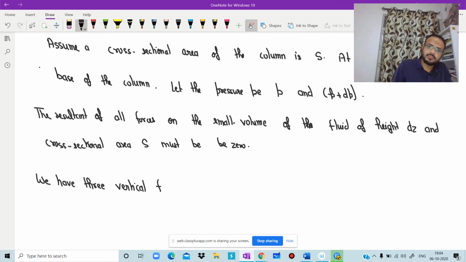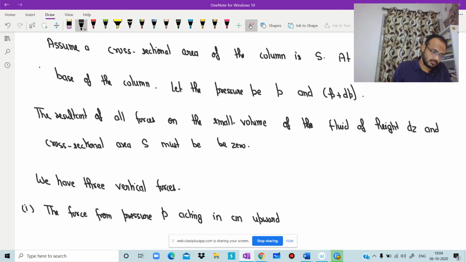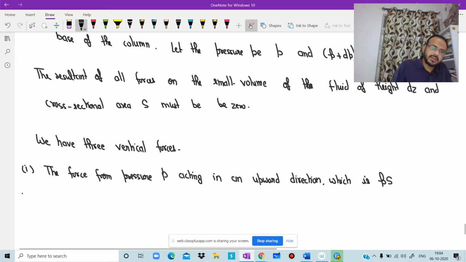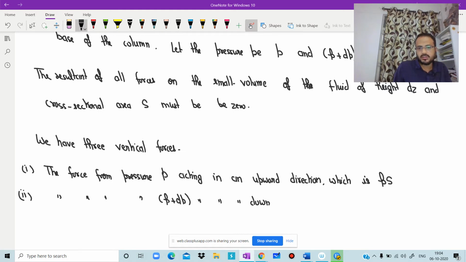First one is the force from pressure P acting in an upward direction, which is P into S. Second one is the force from pressure P plus dP acting in a downward direction, which is P plus dP into S.